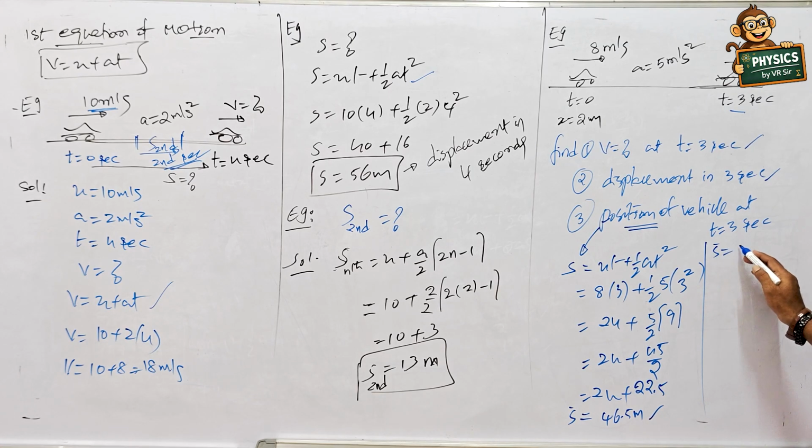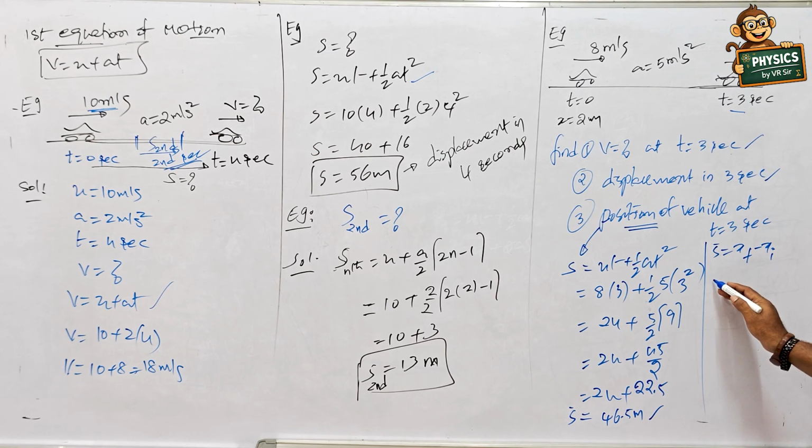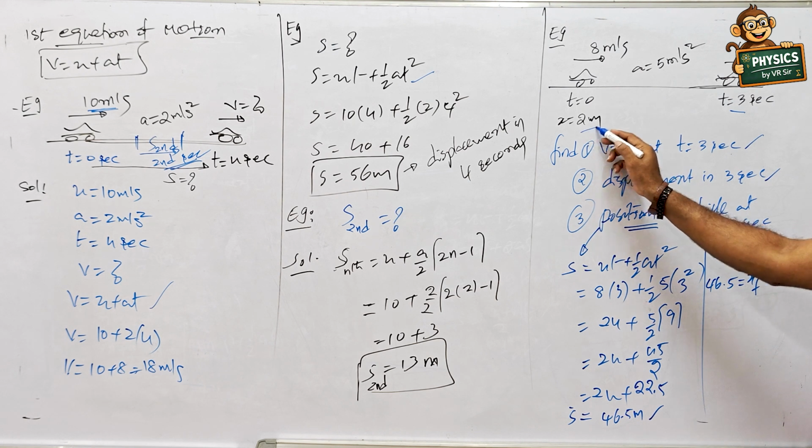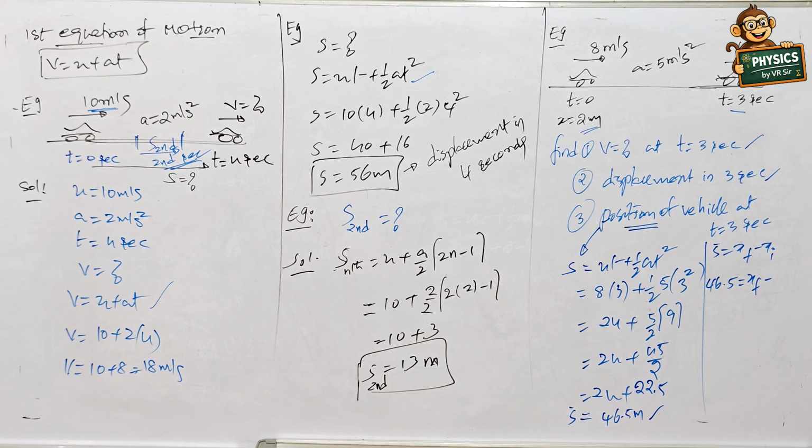But what about the displacement formula? Final position minus initial position, right? Now displacement 46.5 is equivalent to final position minus initial position. The initial position is not 0. Then what is the initial position? 2. Then what about the final position? You bring this to 46.5 plus 2, which is nothing but 48.5 meters.